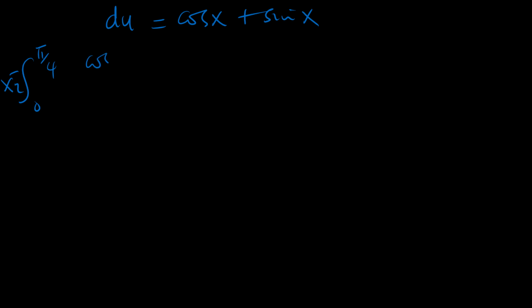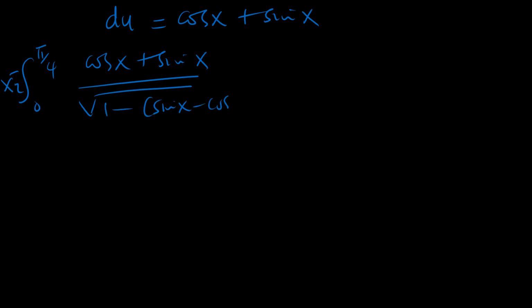So since we said that our du is equal to cosine x plus sine x, therefore the integral is root 2 from 0 to pi over 4 of sine x plus cosine x over the square root of 1 minus sine x minus cosine x squared.